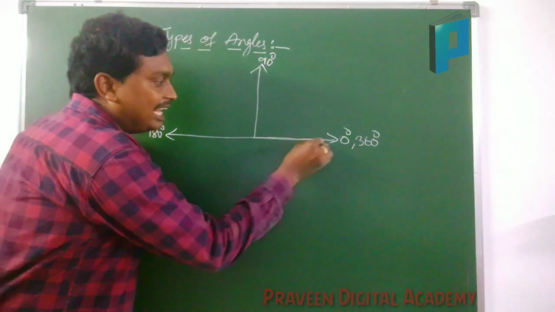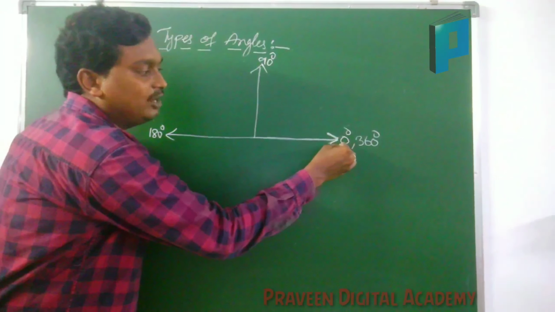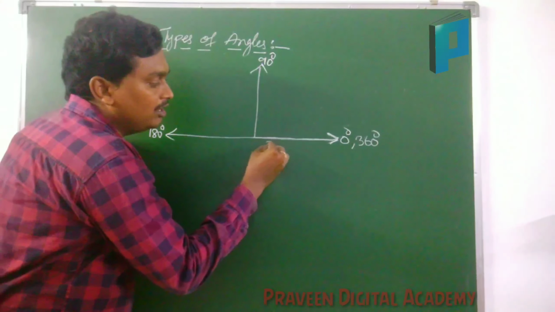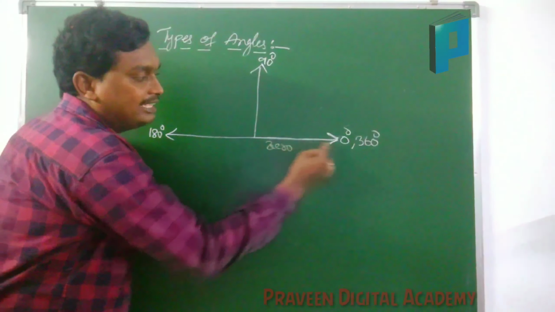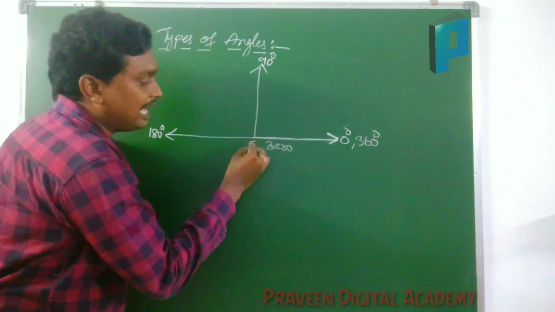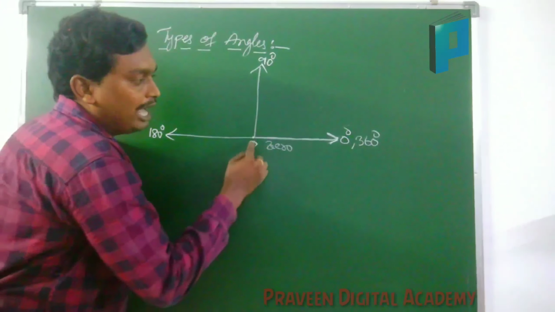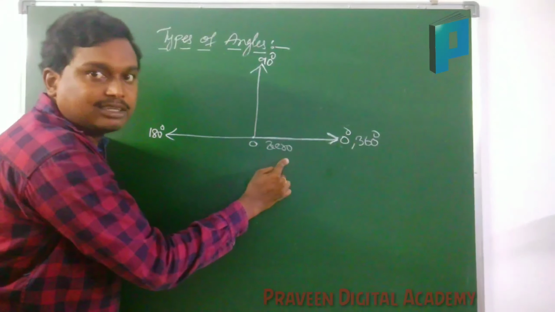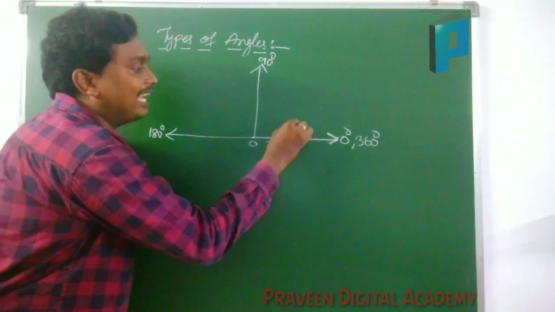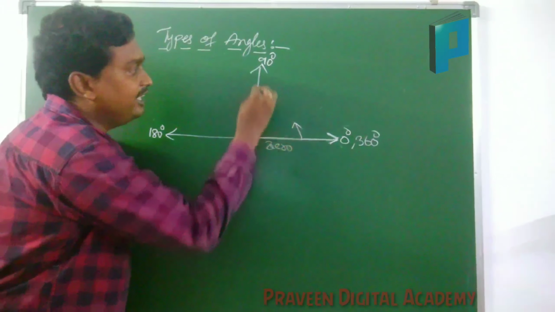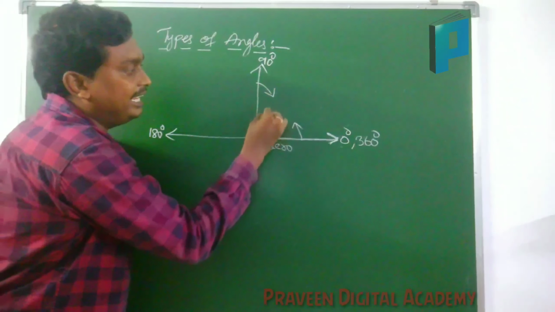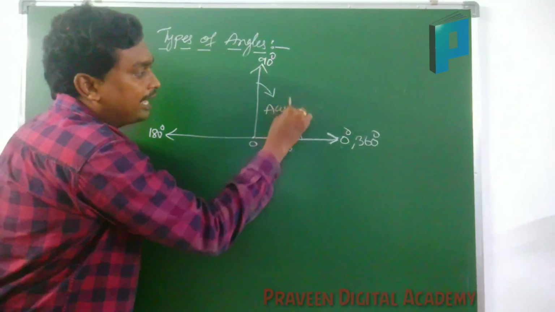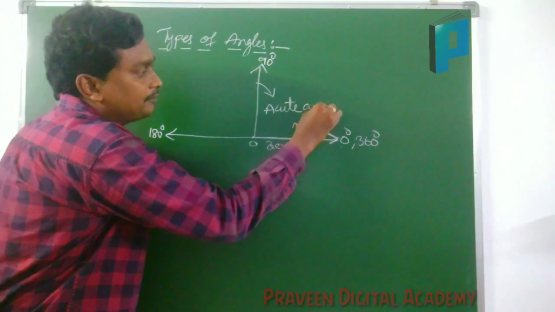Here the angle which is exactly 0 degree is called zero angle. I will take this one as O. The angle which is greater than 0 and less than 90 is called acute angle.